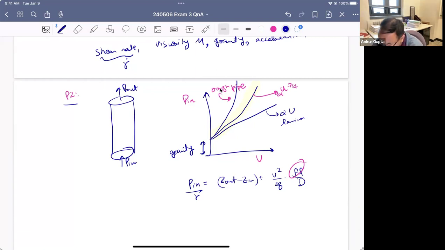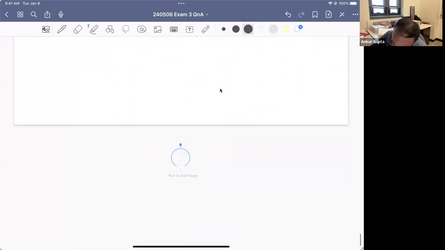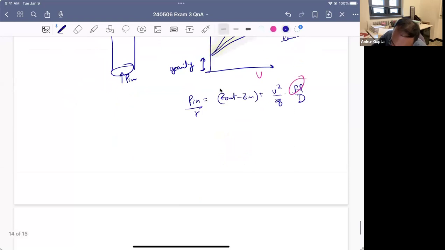You can make things more complex, but it will be a little harder for me to guess. One thing you could try is a network of pipes, but I have to think a little more about the question. In this case, P in by gamma, and now V in and V out are not the same.